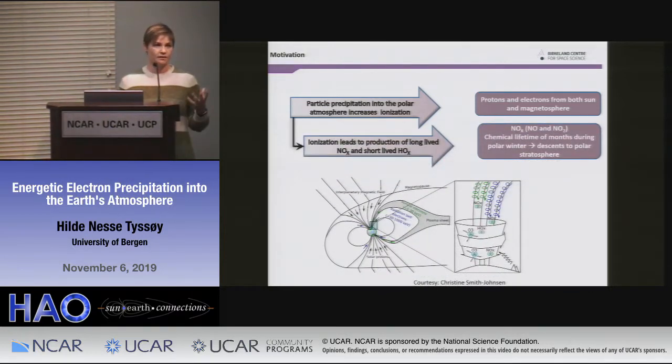HOx basically lives and breathes with the ionization, it's short-lived, while NOx will have a lifetime of months as long as it's not exposed to sunlight, which means that during polar winter you will get an accumulated effect of all the NOx production throughout the winter.